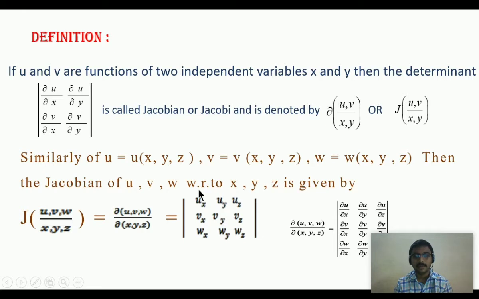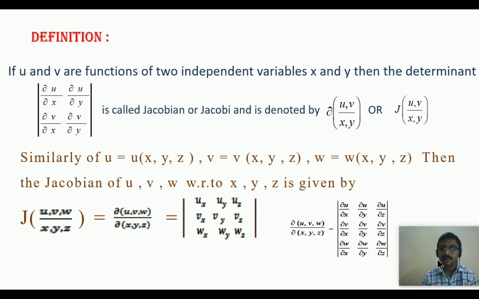Then the Jacobian of u, v, w with respect to x, y, z is given by J(u,v,w/x,y,z), which is ∂(u,v,w)/∂(x,y,z), the determinant of u_x, u_y, u_z, v_x, v_y, v_z, w_x, w_y, w_z. These are the partial derivatives of u, v, w with respect to x, y, z. This can also be written as the determinant of ∂u/∂x, ∂u/∂y, ∂u/∂z, ∂v/∂x, ∂v/∂y, ∂v/∂z, ∂w/∂x, ∂w/∂y, and ∂w/∂z. So this is called the Jacobian of u, v, w with respect to x, y, z.